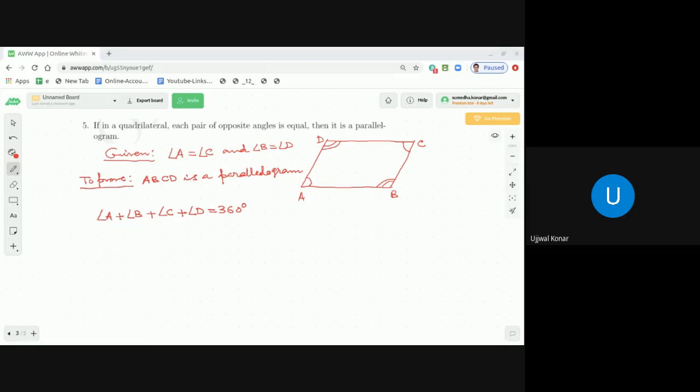The angle sum property of a quadrilateral. Okay, so what we can write is that from the angle sum property of a quadrilateral.